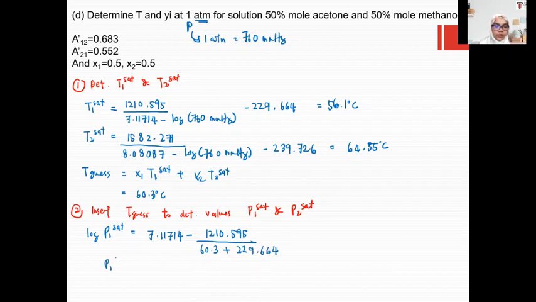So P1 saturation equals 857.3 millimeter of mercury.